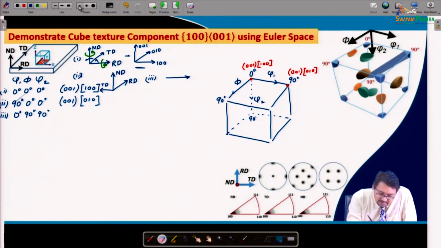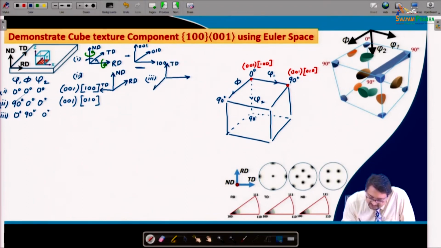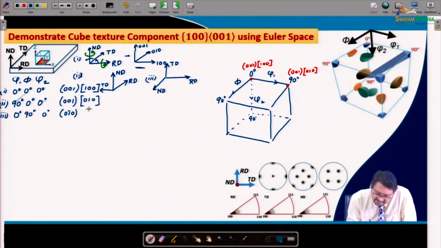0 degree can be shown by rotating RD by 90 degrees, so that the TD comes vertical like this and the ND comes out like this, right. So, ND just comes out opposite of TD. Now, if ND is like this, then the ND is basically 0 1 bar 0, right, and the RD is basically 1 0 0.